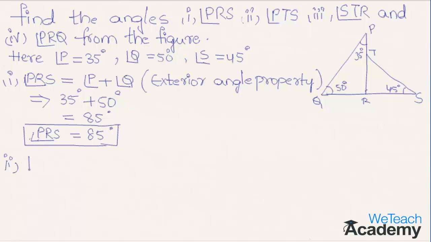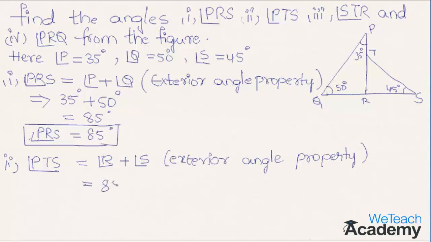Coming to the second angle, which is angle PTS, an exterior angle of the triangle RTS. So here we can write it as angle PTS is equal to angle R plus angle S by using the exterior angle property. That implies angle PTS is equal to 85 degrees plus angle S as 45 degrees. We get 85 degrees plus 45 degrees, which is nothing but 130 degrees.